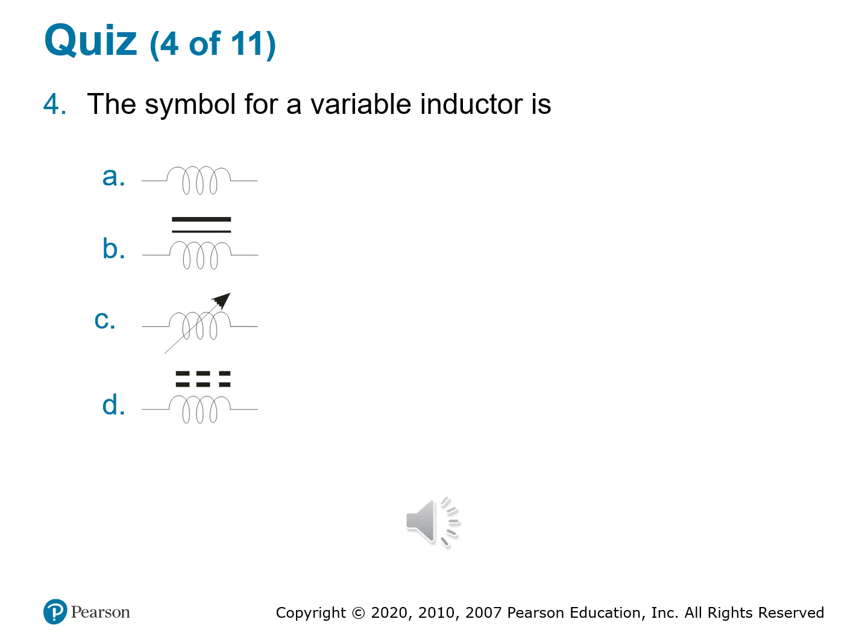C, the little squiggly line with an arrow through it. Or D, the little squiggly line with dashed arrows above it. That's probably the best I can do. Go ahead and pause the video. All right, if you return from the video, the right answer for number 4 is C. A variable inductor is that little squiggly line with the arrow through it, kind of like the variable resistor.